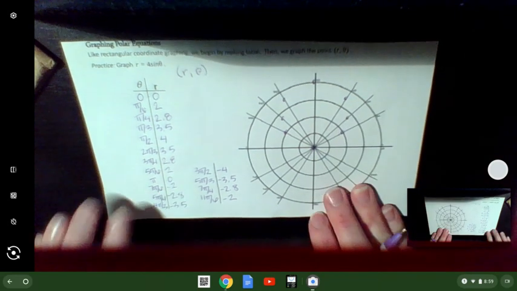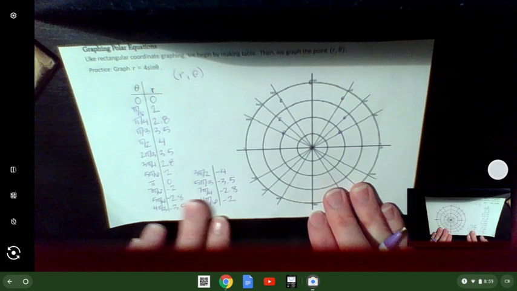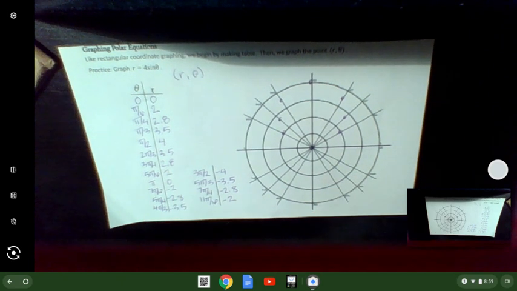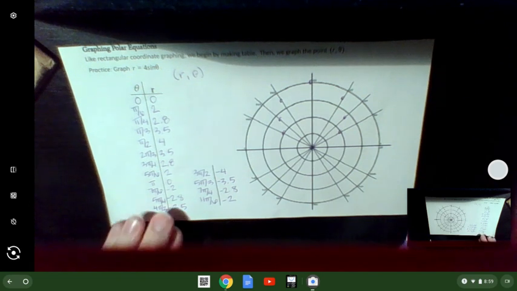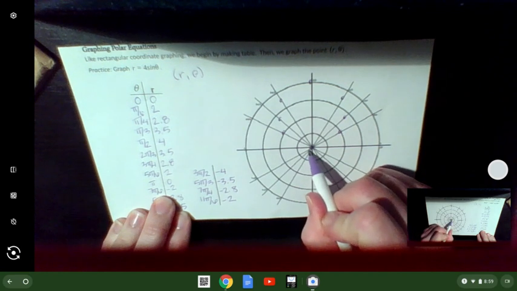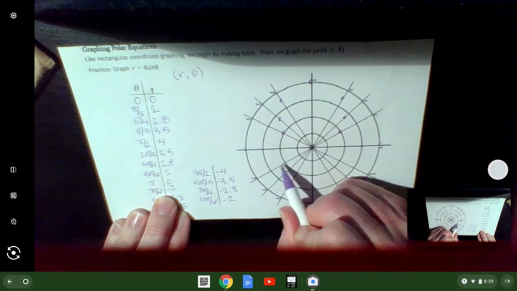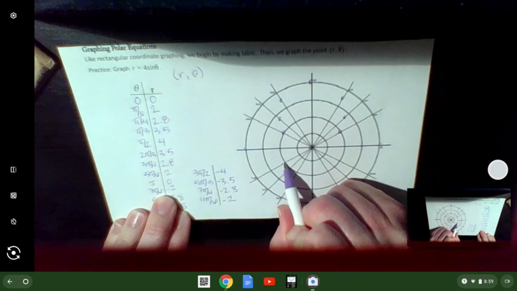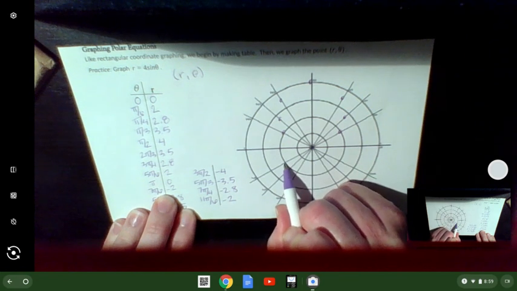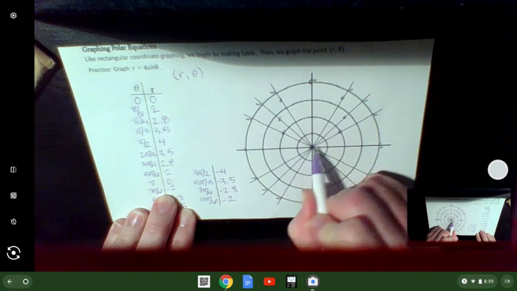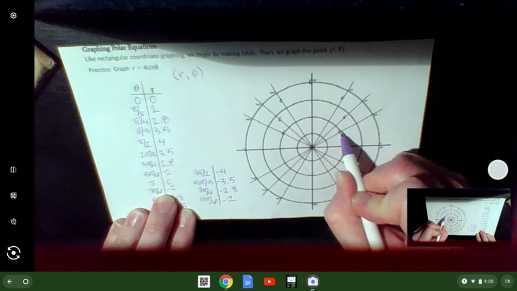Moving into the third and fourth quadrant. Ooh, look at this. We have negative R values. Remember that a negative R value means that we are going to slide back through the origin. So first thing I'm going to do is identify that theta value, 7 pi over 6. If it was positive 2, we'd be right here. But because it is negative 2, we are actually going to slide back through the origin 2 spots.